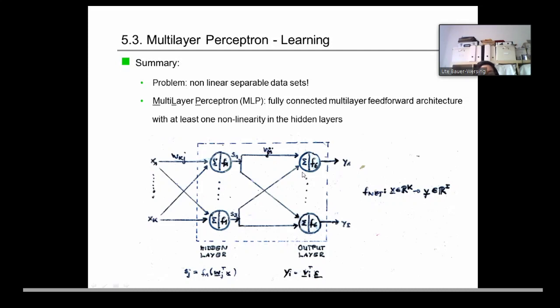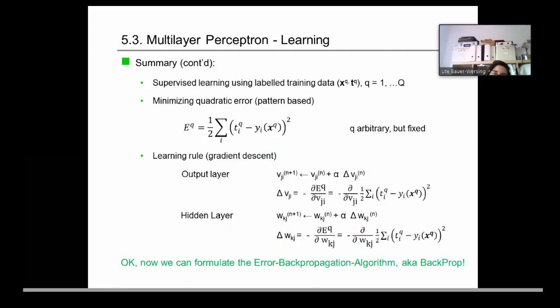And we are relaying this to the neurons in the output layer by multiplying it again with weights wji. And we are getting an I-dimensional output layer. The activation function in the output layer is usually considered to be linear, at least for the moment we do that.